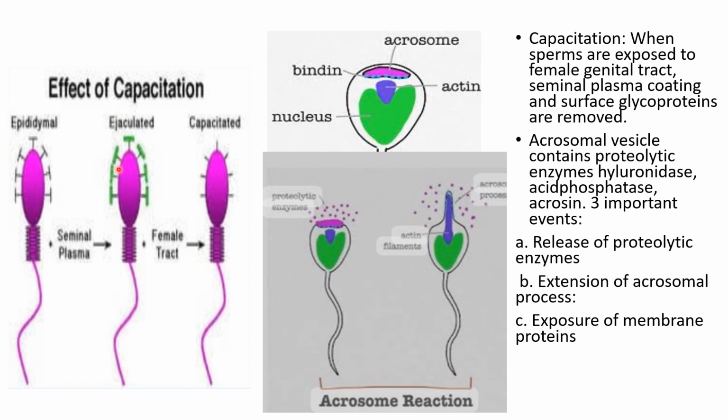Capacitation is the final step of maturation of the spermatozoa in the female genital tract, and it takes about 7 hours. When the sperms are exposed to the female genital tract, the seminal proteins and a few surface glycoproteins covering the plasma membrane over the sperm head are affected.